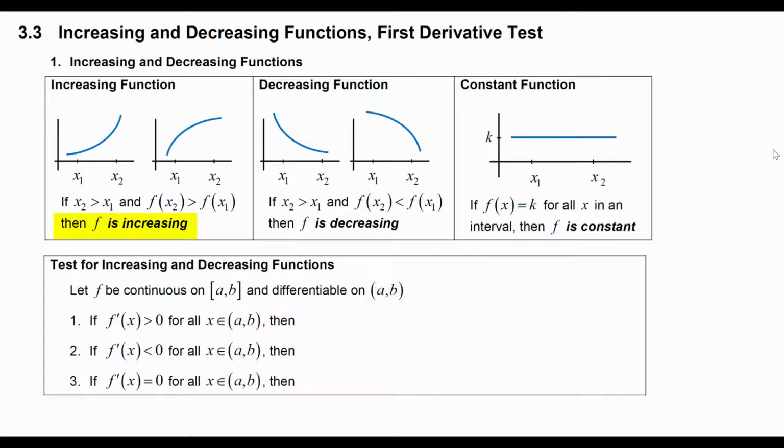You can see from the first graph, this point right here is x1, f of x1, and this point right here is x2, f of x2. And you can see x2 is larger than x1, and f of x2 is also larger than f of x1, then the function is increasing. In other words, as x gets larger, y gets larger too, then the function is increasing.